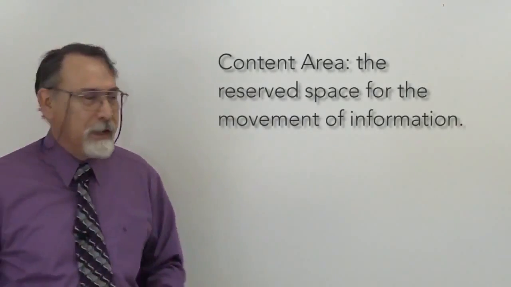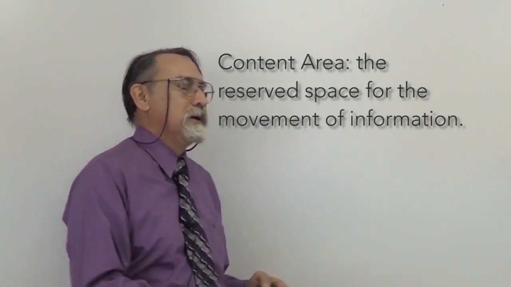So we're going to look at the area. Now, remember I told you that you pick up and deliver. In that example I've previously used, it was like either a taxi or a school bus. Well, there is a technical name for that space that you have to reserve for the movement of the information, and that's called the context area.